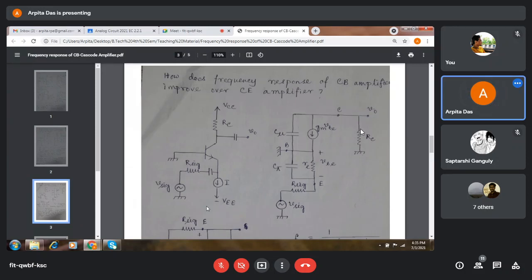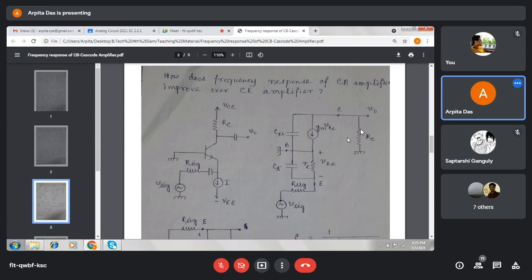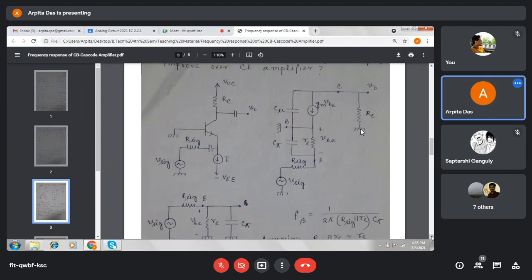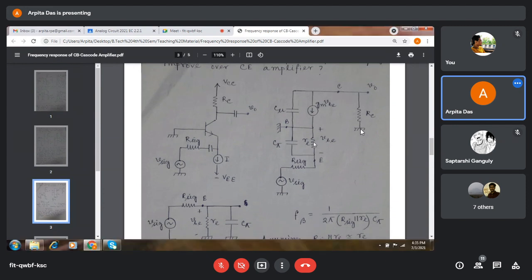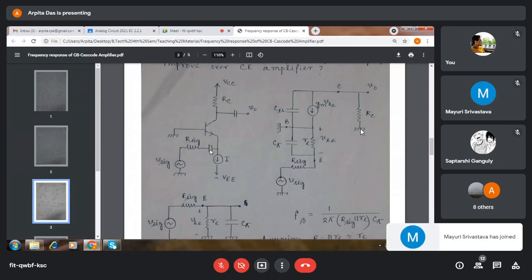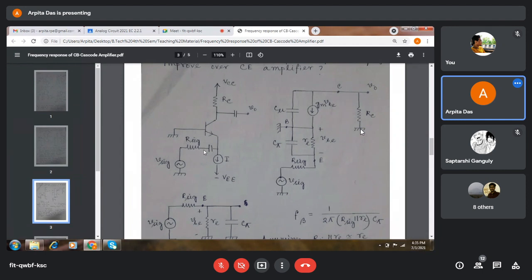Now, when we replace this DC circuit with the AC model, then what will be the circuit? We have already found that the T model is suitable for this CB stage amplifier. Why? Because of the existence of the signal resistance, which is connected to the emitter terminal of the amplifier.